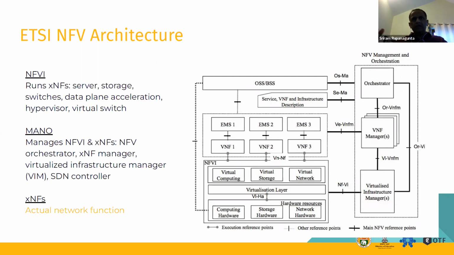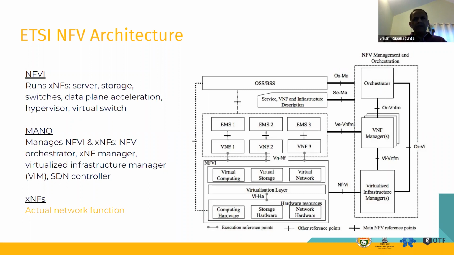And then the layer that we are going to focus on mostly today is called MANO, management and orchestration. This is the layer that you see on the right-hand side of the diagram, which manages the NFVI and the VNFs that we just talked about earlier. There is the NFV orchestrator, where you can orchestrate, you can place them in different clouds and so on. And then the virtualized infrastructure manager, or the VIM.